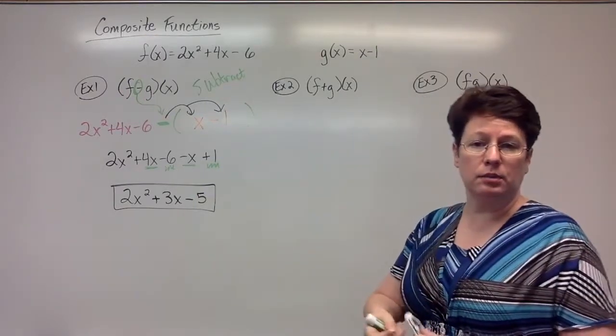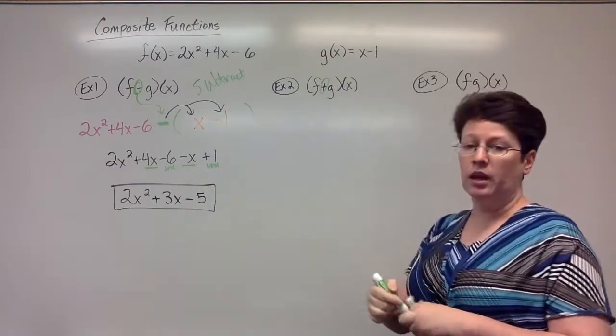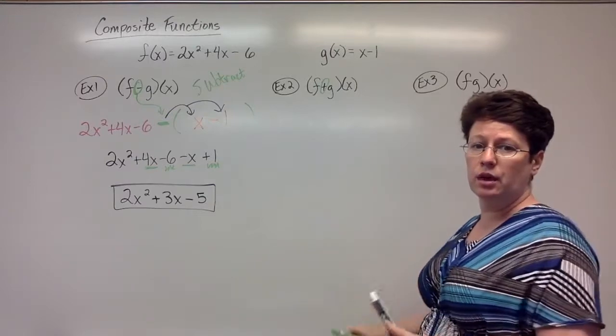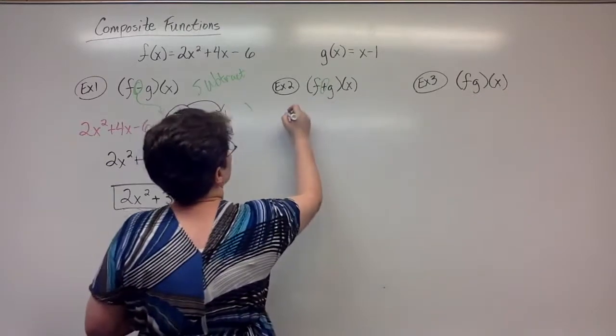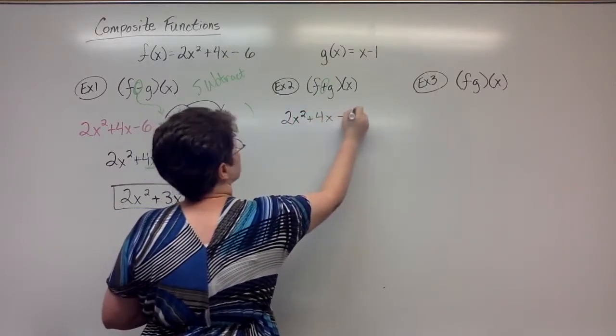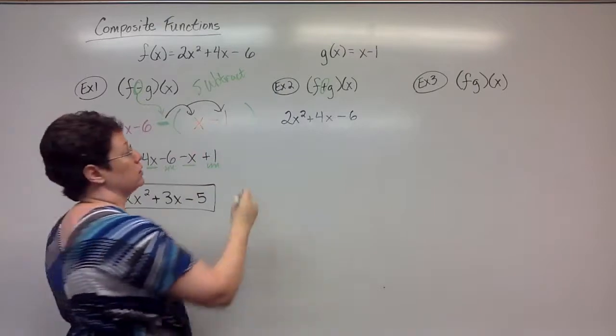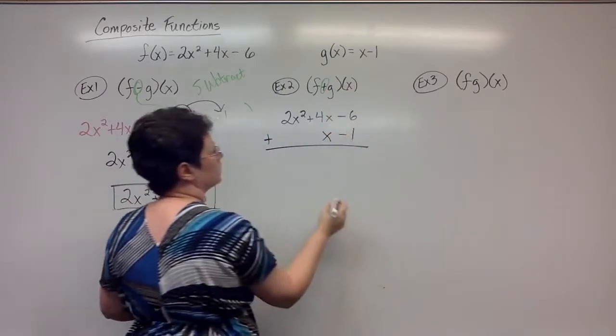What are we doing in example 2? Yeah, it's not that hard. We're going to add this time. So I'm writing down the same two functions, only this time we're going to add them. So I have 2x squared plus 4x minus 6. And if I get really creative, I can just add them vertically, okay?